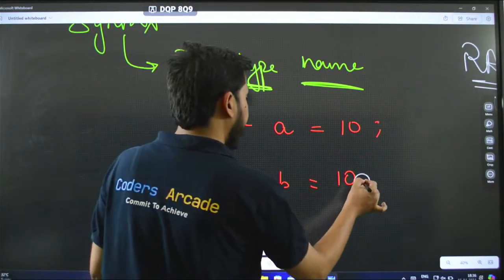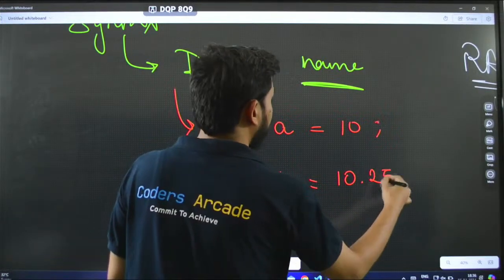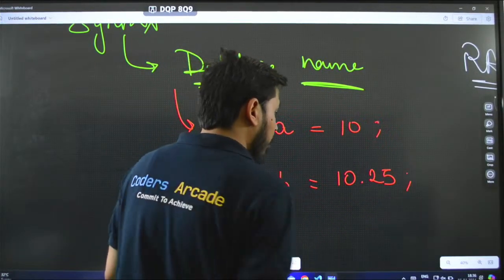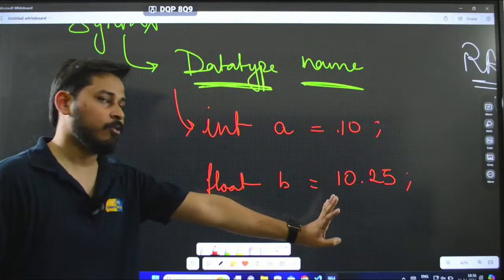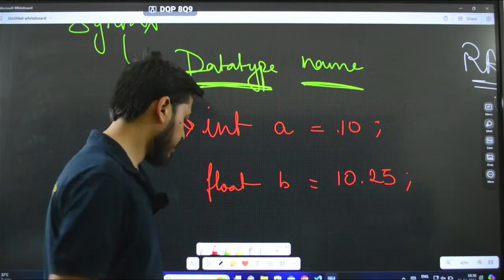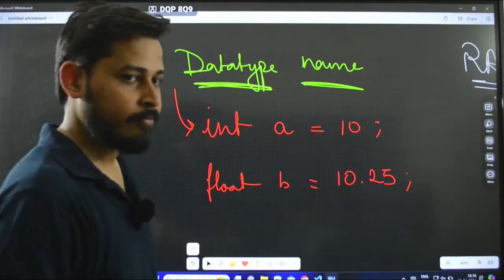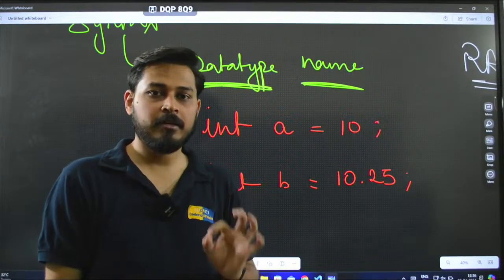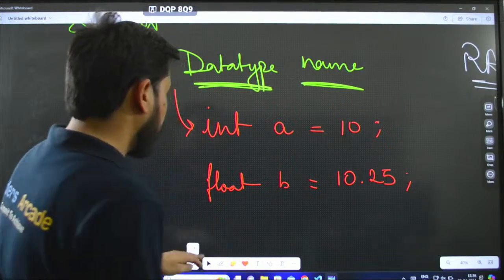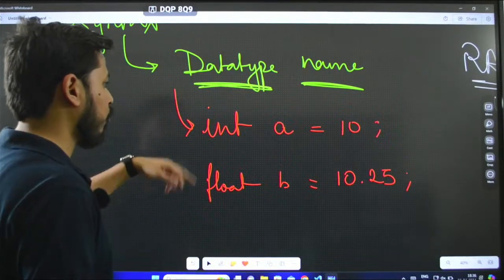So I need to give a point value, 10.25 maybe. And this is how you store a float value. This is a float value while this is an integer value. I believe it is understood by all of you. Is that clear to everyone? This is very easy now. This is the difference between float and integer.